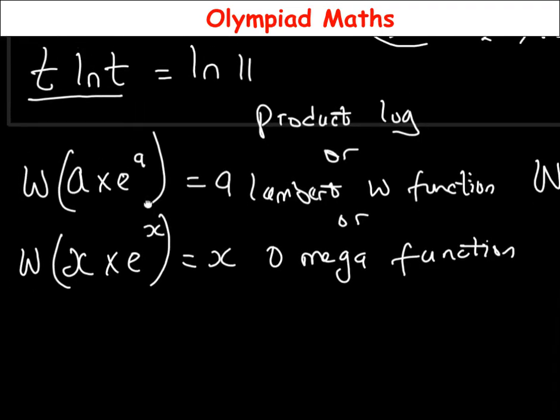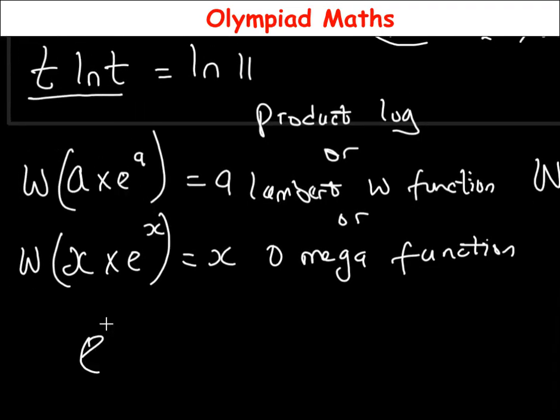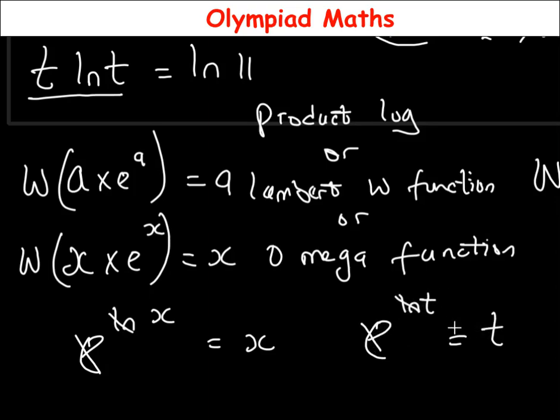Now to do so, let's say you have e raised to power ln x. This is equal to x. Why? Because e will cancel ln, leaving you with x. Same thing also, if you have e to the power of ln t, this is equal to t, because e will cancel out ln, and we are left with t. So you can replace t here with e to the power of ln t.